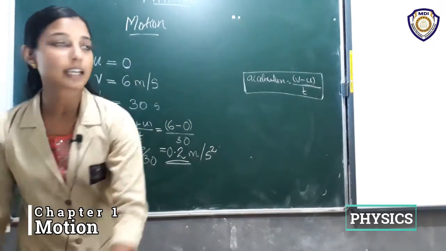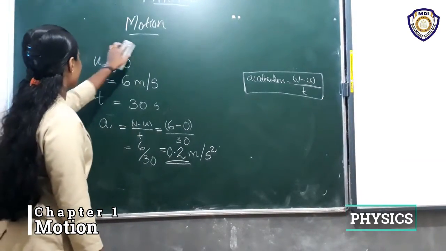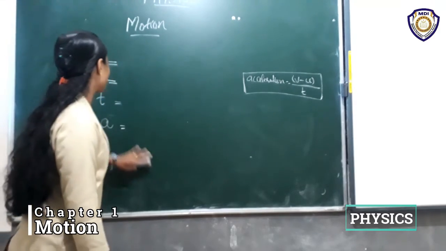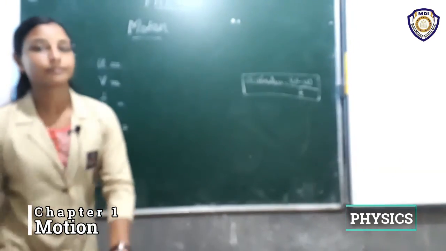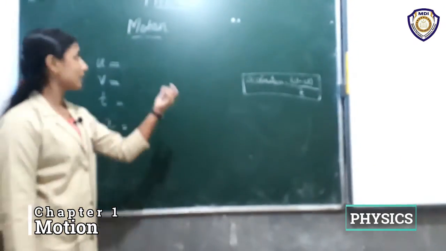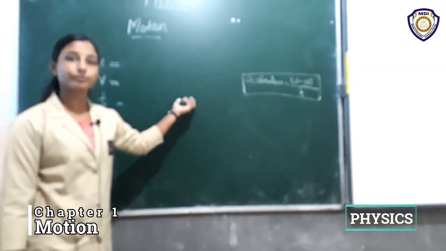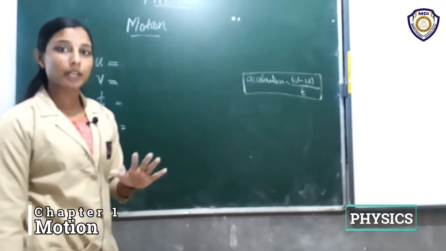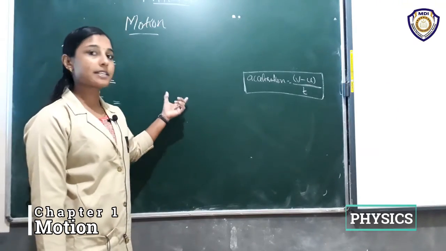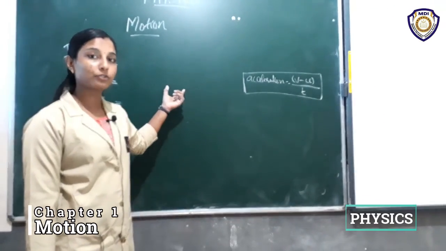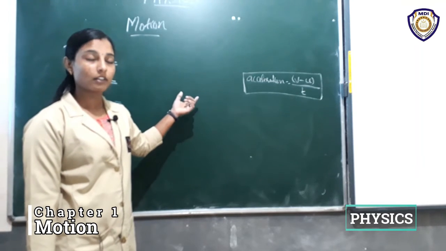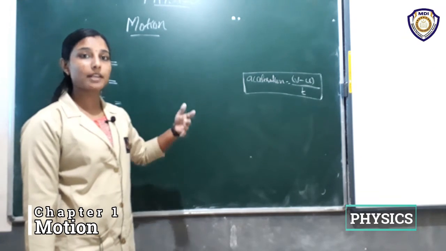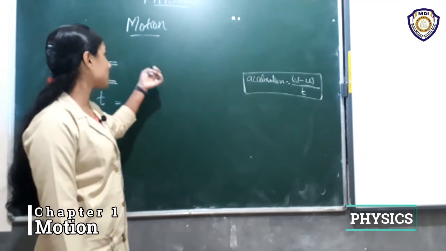So what will be the second case? The second case gives the initial velocity from where he applies brake, when the bicycle is at a speed of 6 meter per second. That is the initial velocity.